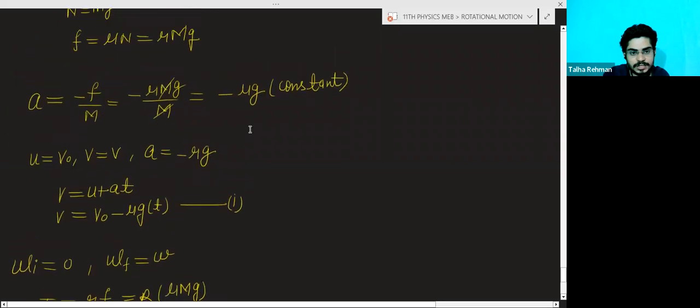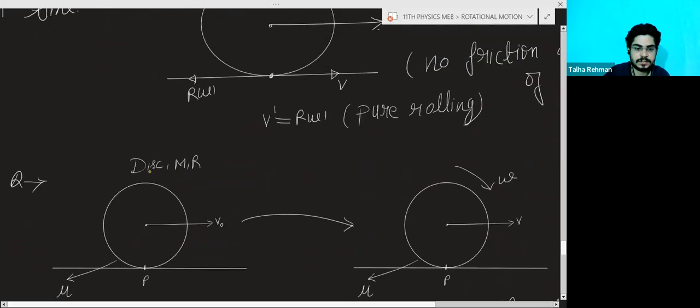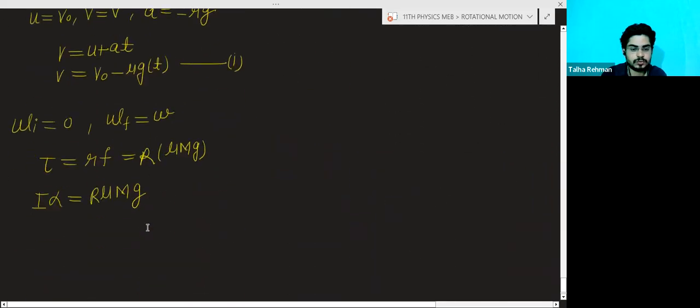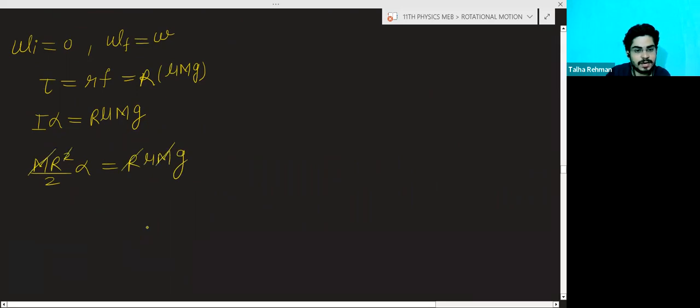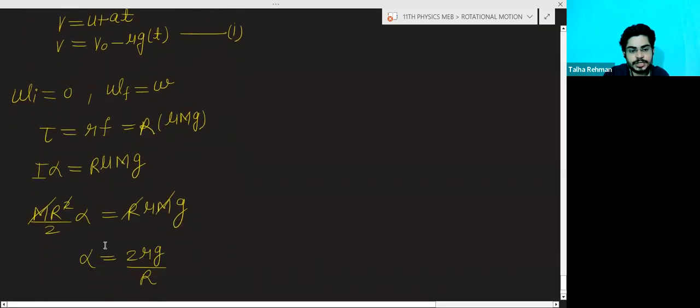Now, suppose this is a disk. For a disk, the moment of inertia about the center of mass is mr square by 2. So I is mr square divided by 2, into alpha, is equal to R into mu into M into G. This M and M will be cancelled out, and this R will be cancelled out. So alpha will be 2 mu G divided by R. Now you have initial angular velocity, final angular velocity, and alpha.